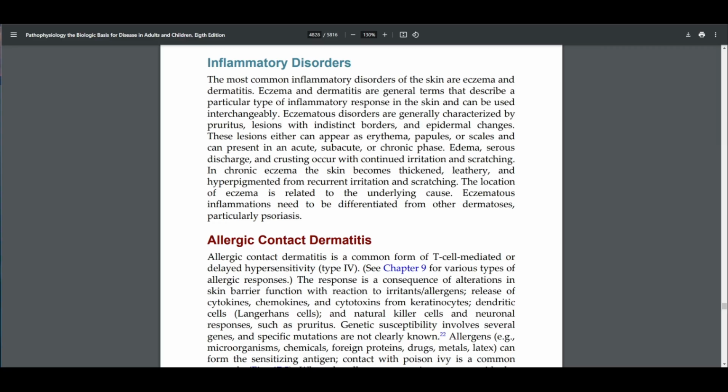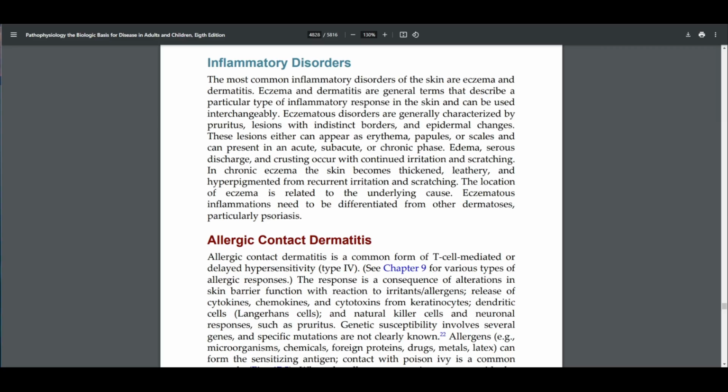Eczema and dermatitis are general terms that describe a particular type of inflammatory response in the skin and can be used interchangeably. Eczematous disorders are generally characterized by pruritus, lesions with indistinct borders, and epidermal changes.